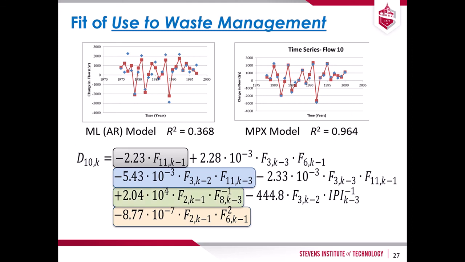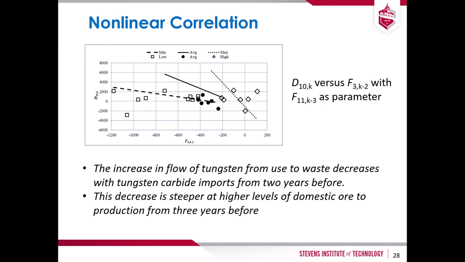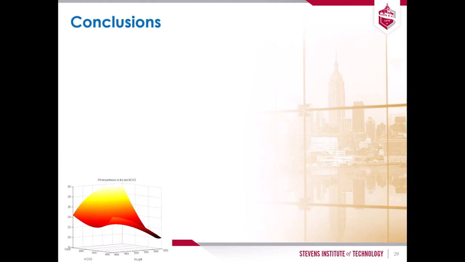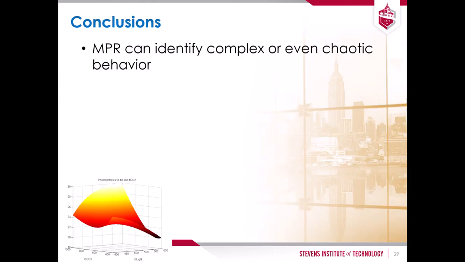And here's a ratio, F2 at K minus last year divided by F flow 8 from 3 years previous. And you can take that equation, look at it with the data and show how you get interactions graphically, hold some parameters constant, look at sensitivities, and so on. So, MPR can identify very complex or even chaotic behavior.